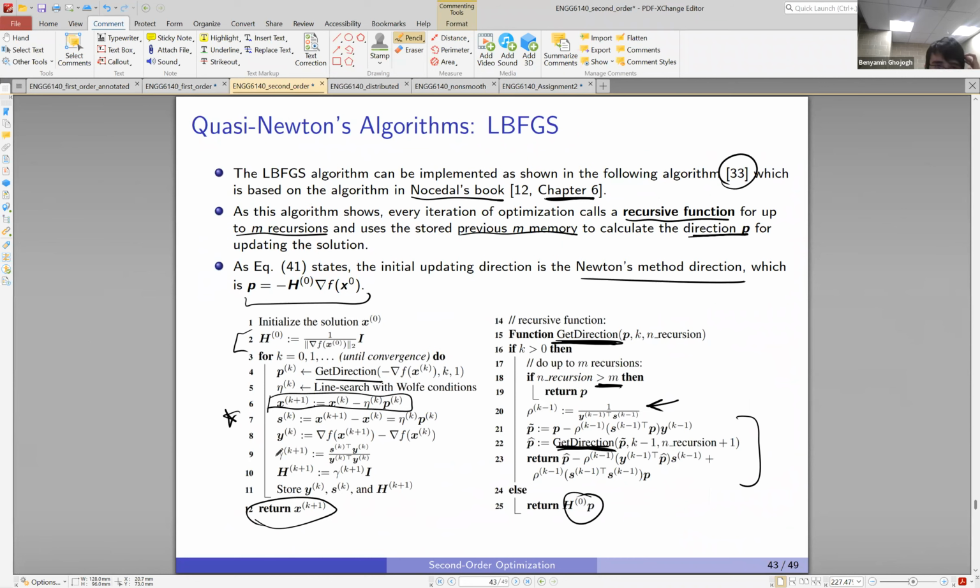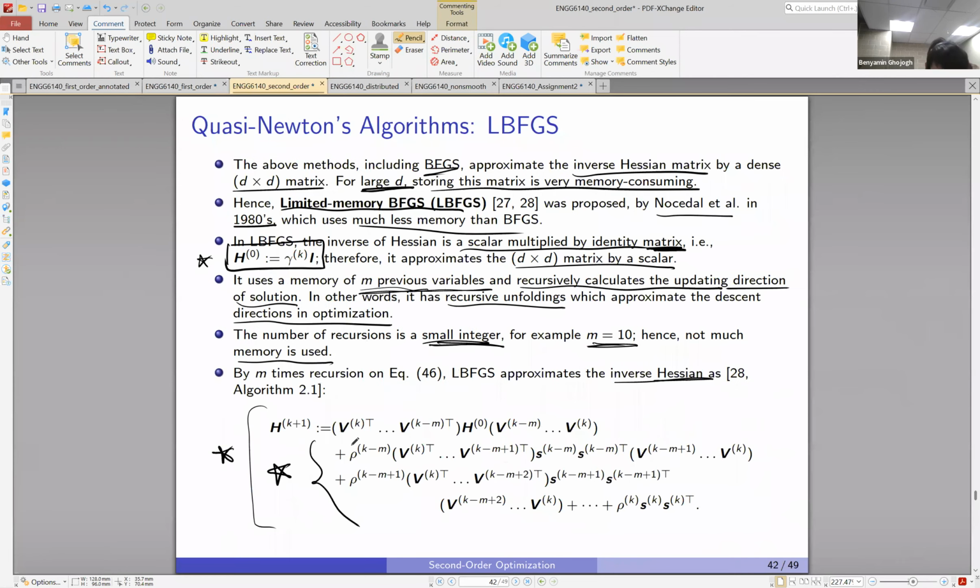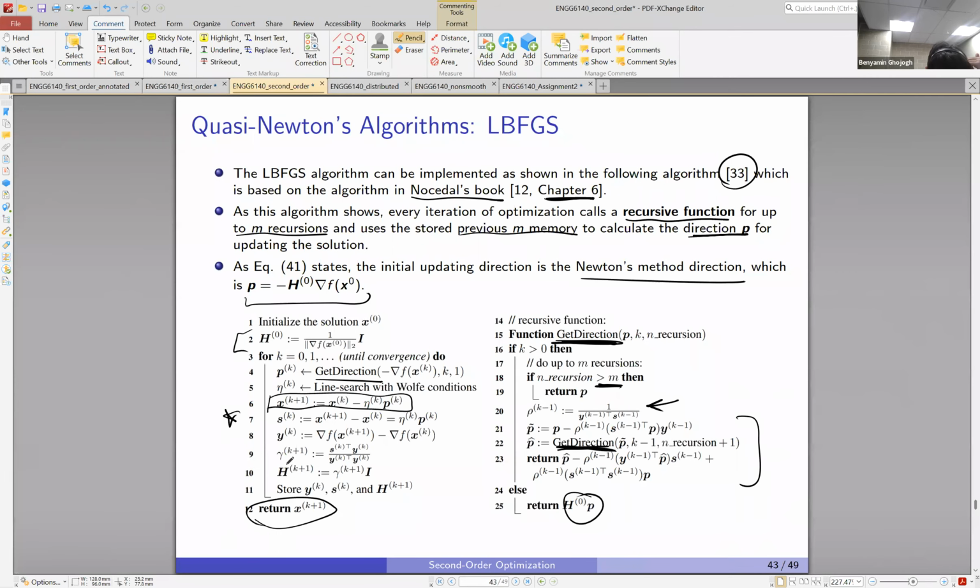And we have gamma, which I think was the scalar factor in the Hessian inverse. And then the Hessian inverse is that scalar times I. That's it. And then we store it in the memory for m steps before. So this is the LBFGS algorithm, used a lot in optimization toolboxes.